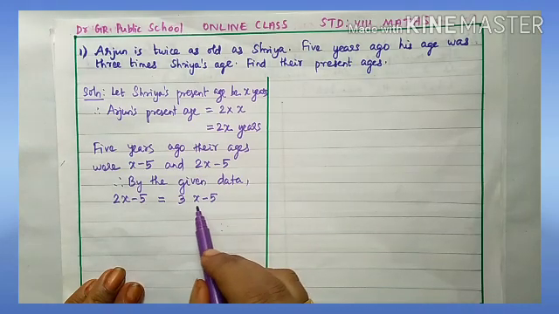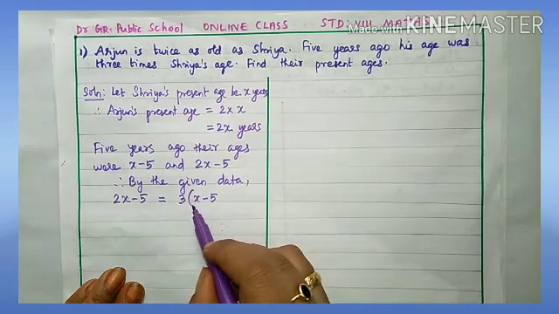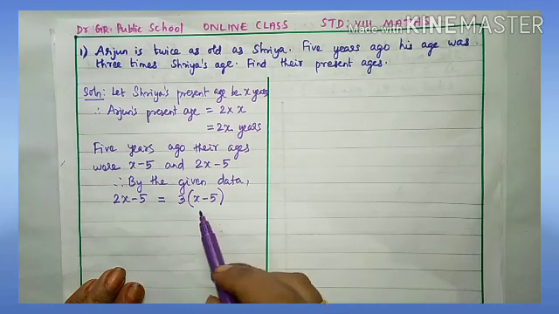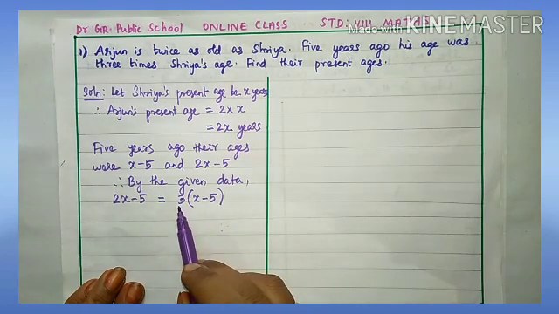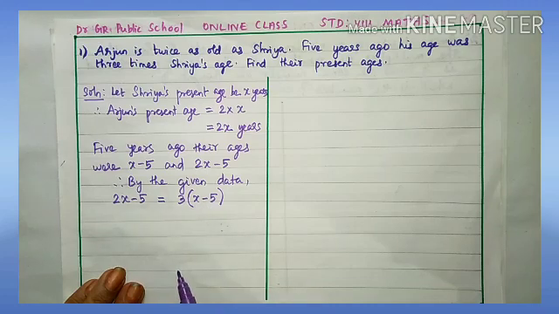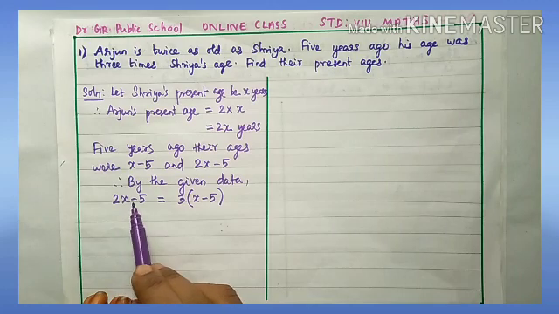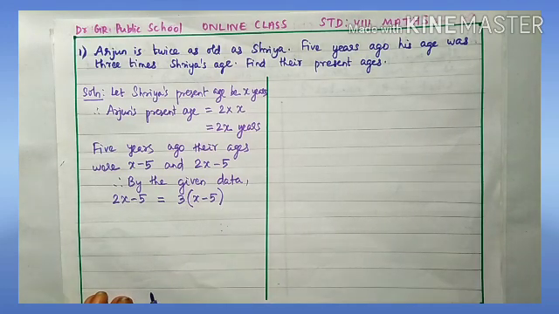Because here are 2 terms and multiplied by 3 in common, we need to use a bracket. Understood? So because 2 terms into 3, we should use a bracket because 3 is common to these 2 terms. So this is the required linear equation. 2x minus 5 is equal to 3 into x minus 5.